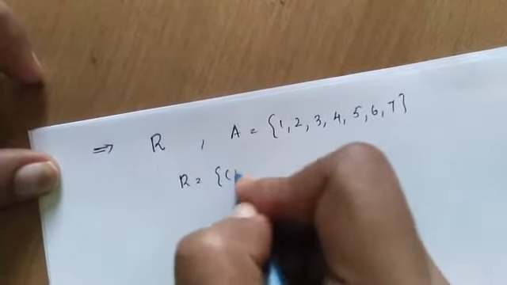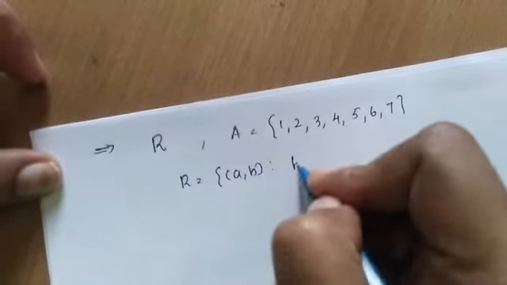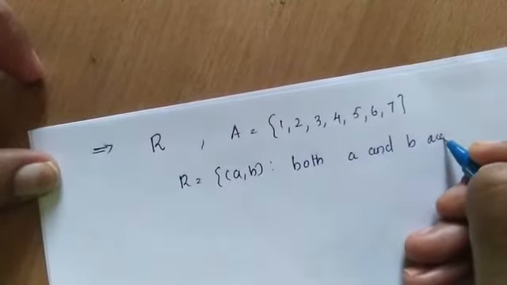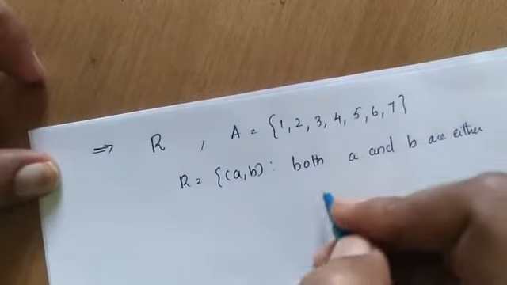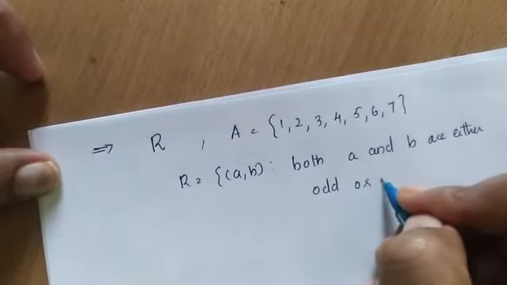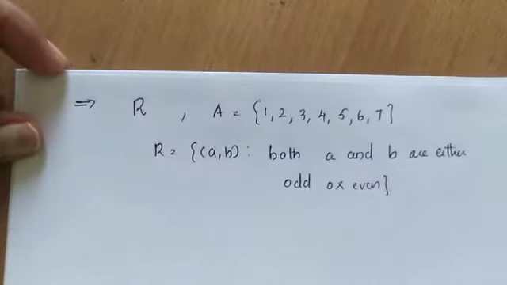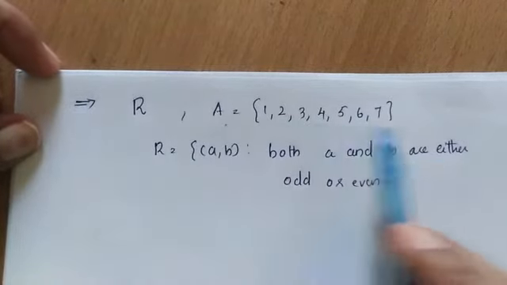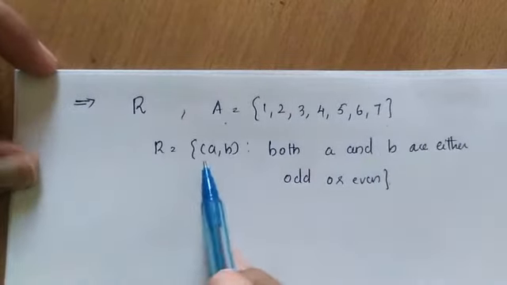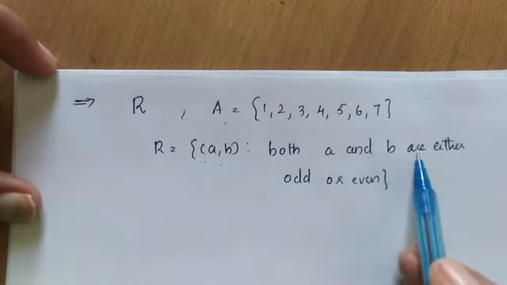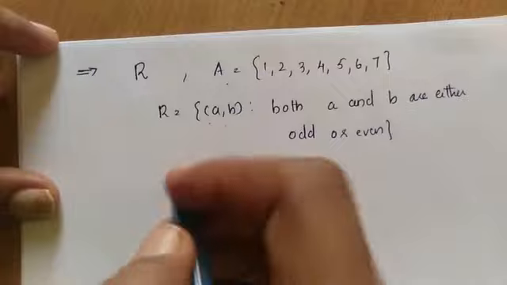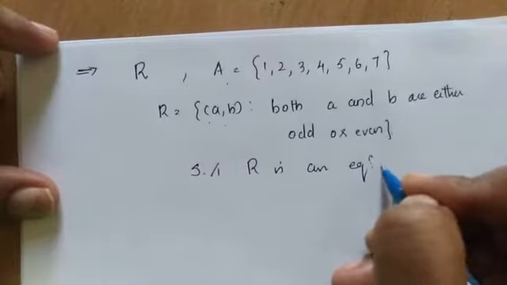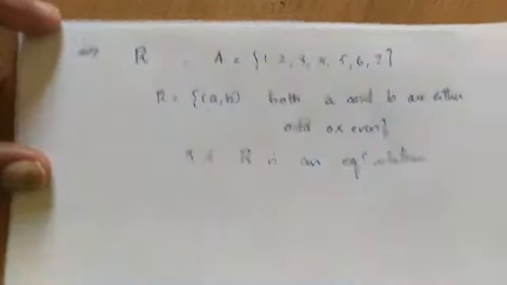R is equal to the set of a comma b, where both a and b are either odd or even. R is the relation defined in the set capital A, and the relation is defined as a comma b, where both a and b are either odd or even. Show that R is an equivalence relation.